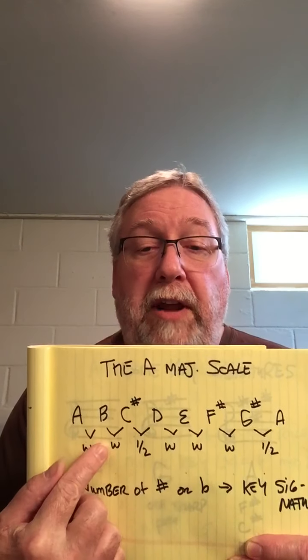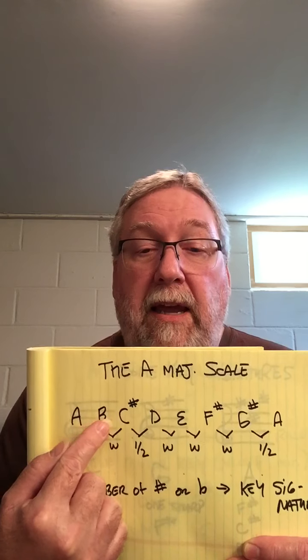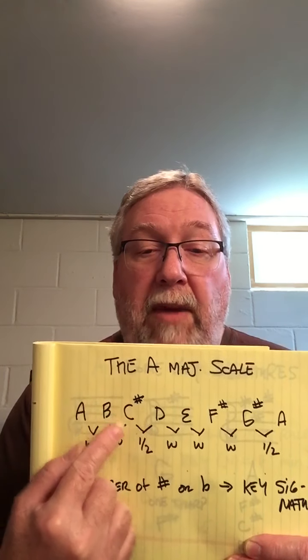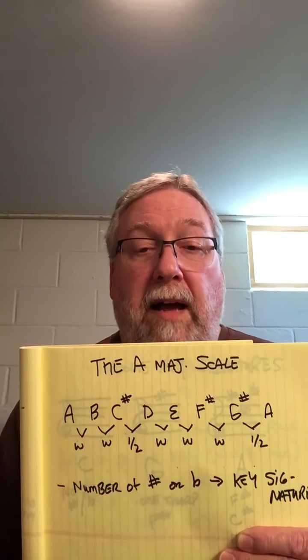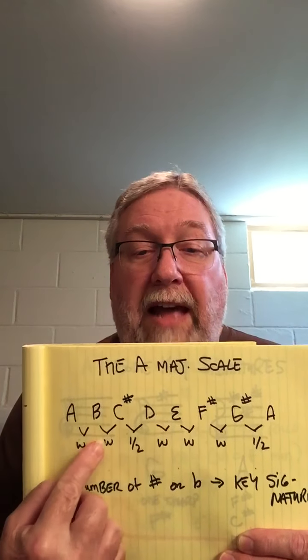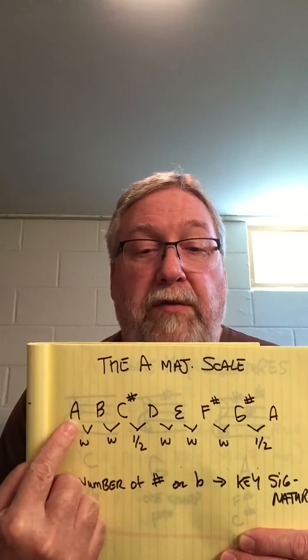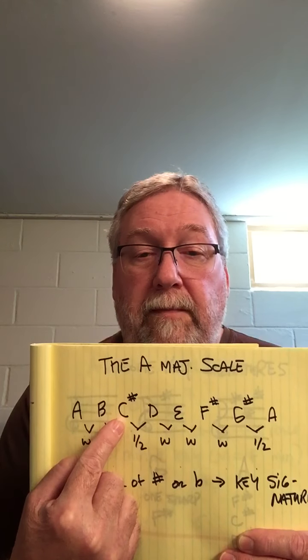So in order to create a whole step between B and the next note in the A major scale, we have to move 2 keys, or on our fretted fretboard, 2 frets. So that's how we get this distance going from A to B to C sharp.